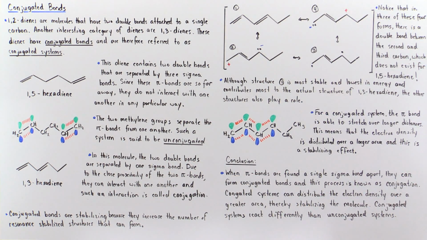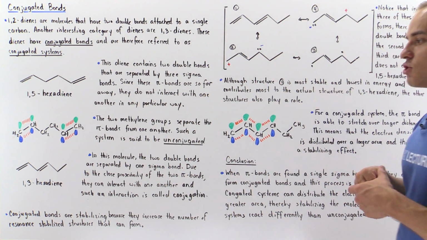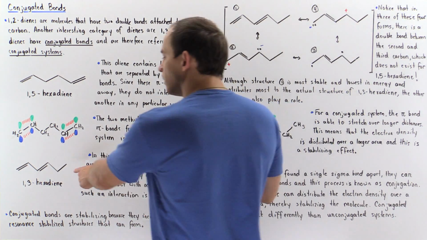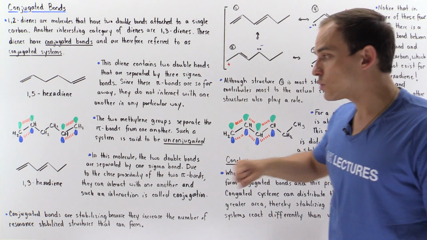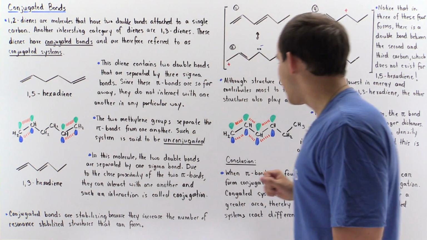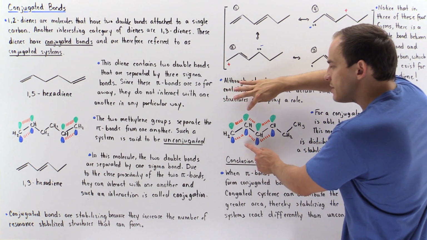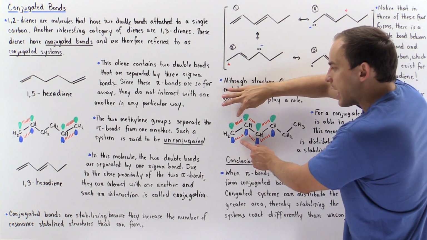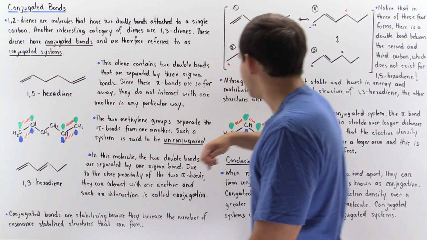To see exactly what we mean and why our conjugated systems are stable, let's take a look at our 3-dimensional orbital diagram for 1,3-hexadiene. So basically we have a 2p orbital here and a 2p orbital here that form the first pi bond between the 1st and 2nd carbon.